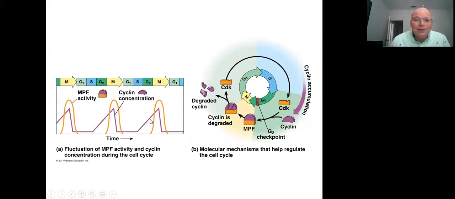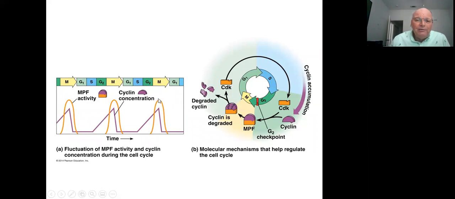And it's that rise of MPF activity that constitutes the internal self-check, because remember, MPF is an activator and it's not going to start activating anything until its level reaches the threshold, until that internal self-check says, everything's good, we're ready to go. Then MPF activity rises in parallel with the increase in cyclin concentration.